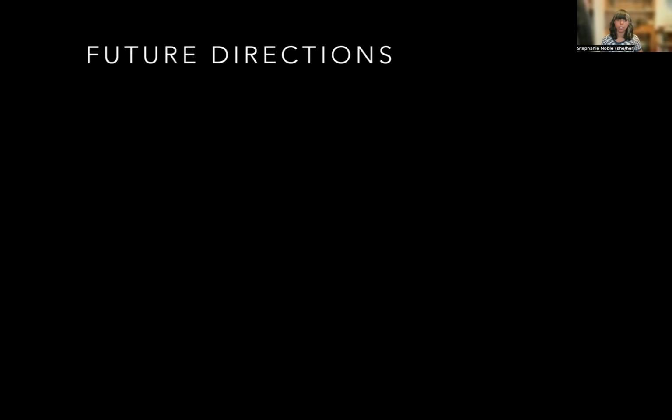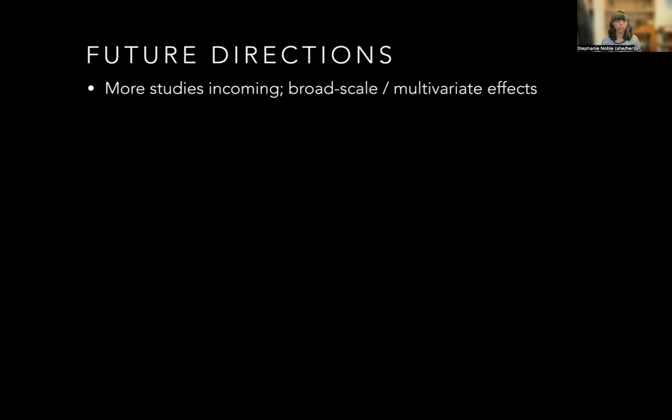So, some future directions for the effect mapping project. There are more studies incoming. We are also particularly looking for activation maps in large, greater than 400 subject data sets.